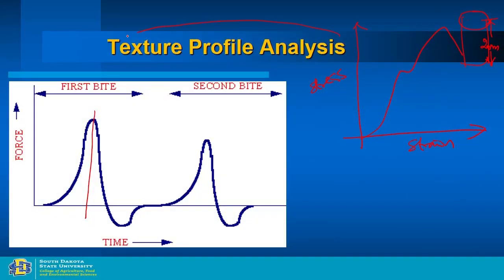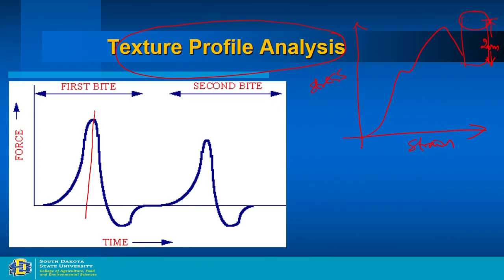That's all about it. I'm not sure how many of you remember texture profile analysis. Yesterday when we talked about it, I said this is a subjective test. It is not an objective test. Follow me? Because we are not doing any stress and strain information here.